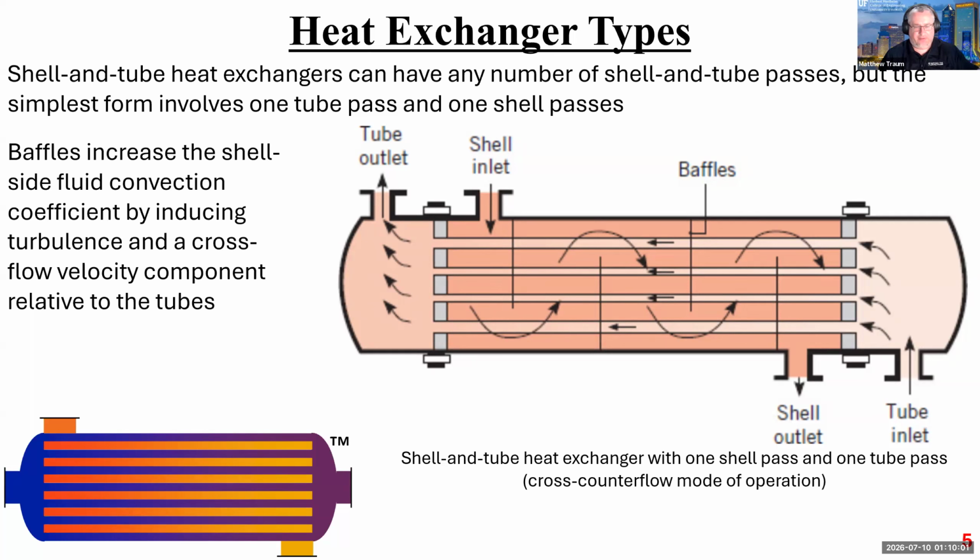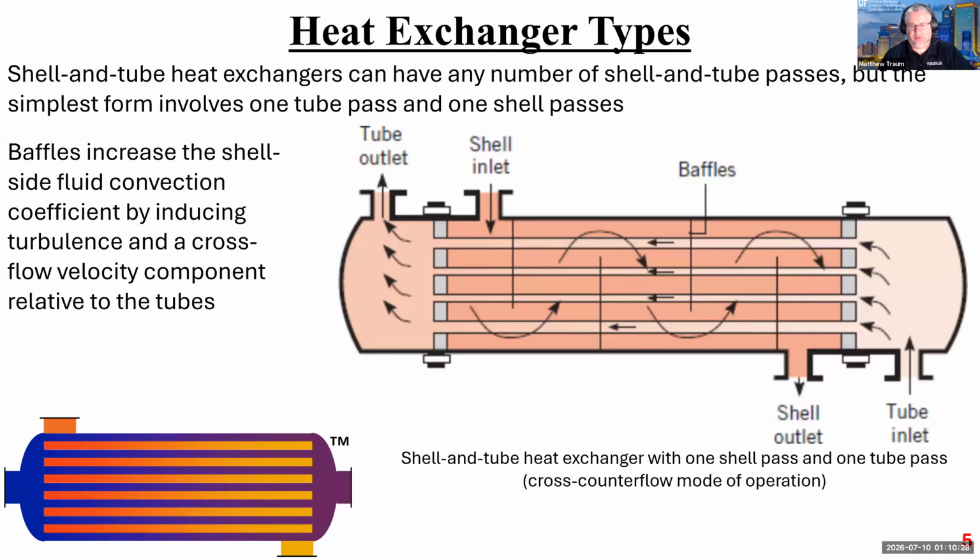They're just physical barriers that force the fluid on the shell side. Instead of just traveling straight in the axial direction down the shell, it actually has to take a much longer, more tortuous path through the baffles. And that, of course, induces more mixing, larger heat transfer path, better heat transfer.